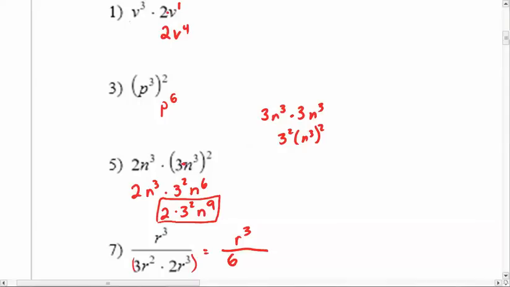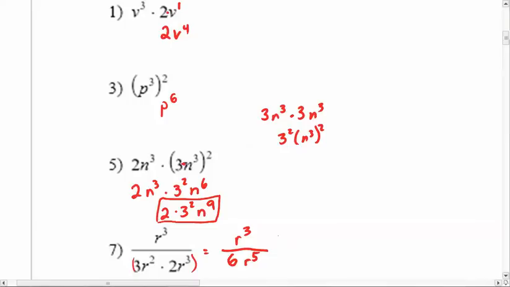Again, just like we were talking about up here, the associative and commutative properties allow us to do it in whatever order we want, as long as it's all multiplication, and in this case it is. So I can multiply the 3 times the 2, which is 6. I can multiply the r squared times the r cubed, and when I'm multiplying, I add the exponents. So that will be r to the fifth.